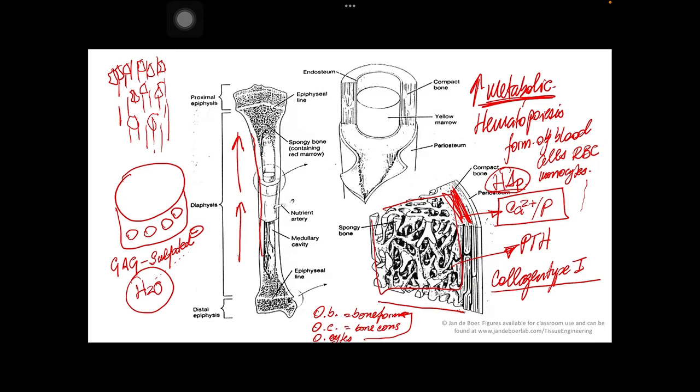As I said, the extracellular matrix of the bone is different to the cartilage because here you will have mineral and collagen type 1 mainly, and a small amount of proteins and lipids.